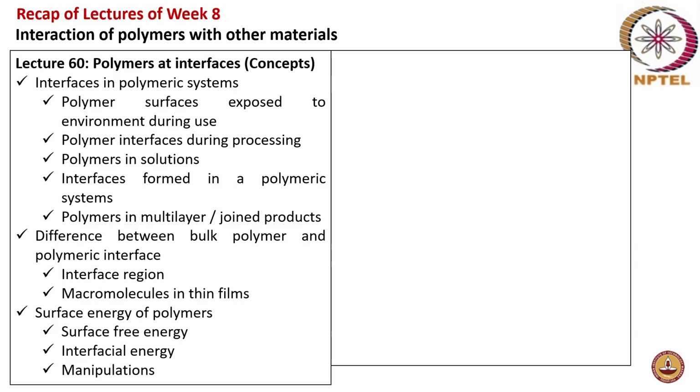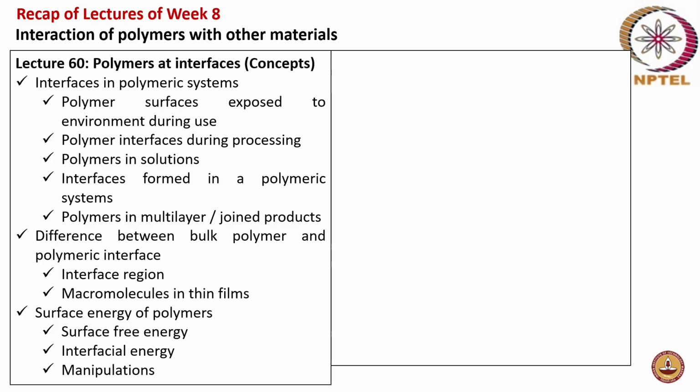For example, in case of blends and in case of polymer composites, there can be an interface between the polymer layer and the fiber layer, and there can be an interface between two polymers in blends. There can be an interface formed in case of multi-layer polymers or joint products as well. And a difference between the bulk polymer and the polymeric interface behavior, how the behavior changes at an interface. And then a question was brought in on macromolecules in thin films.